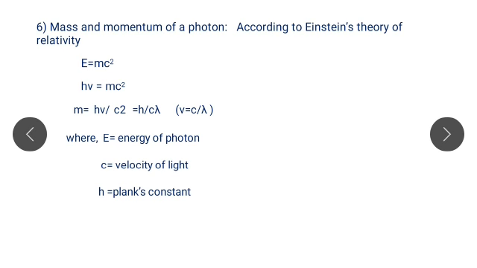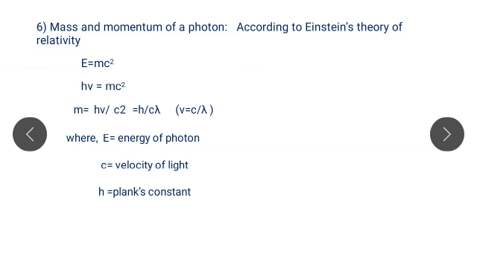Sixth property is mass and momentum of photon. To find the mass and momentum of photon, first we consider that according to Einstein's theory of relativity, the equation is E equals mc square, where E is energy, m is mass, and c is velocity of light or speed of light. Then we know that energy of photon is given by hv. Therefore here we put E equals hv.